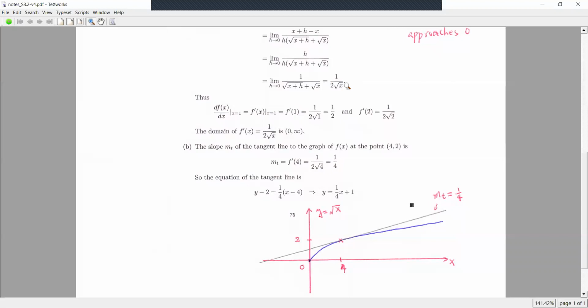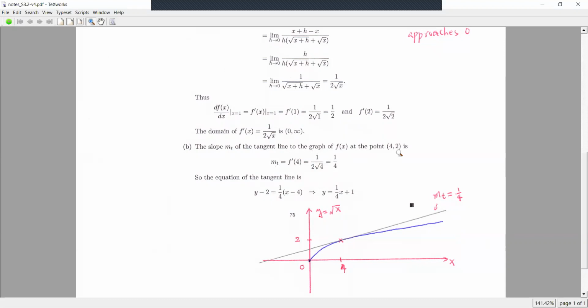This is the derivative of the function at x. So at point 4, plug in 4 in x, then we get derivative at 4 is this number. This number is 1/4.